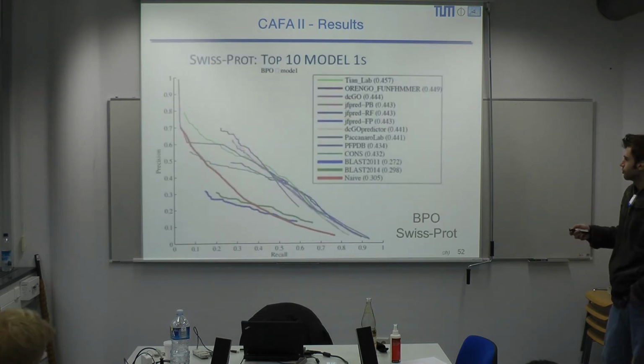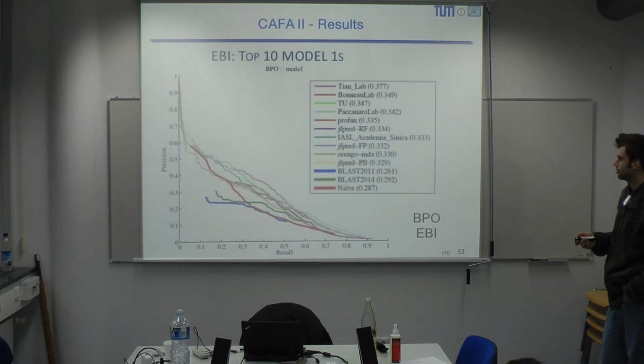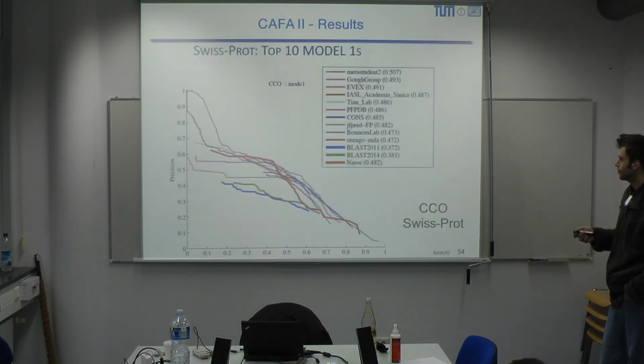As I said, for BPO, as in the first CAFA experiment, performance is generally reduced, also because BPO is much more difficult to predict because many more terms are possible. But for the cellular component ontology, we actually made it to the top, the first place, and you should not criticize first place, of course.